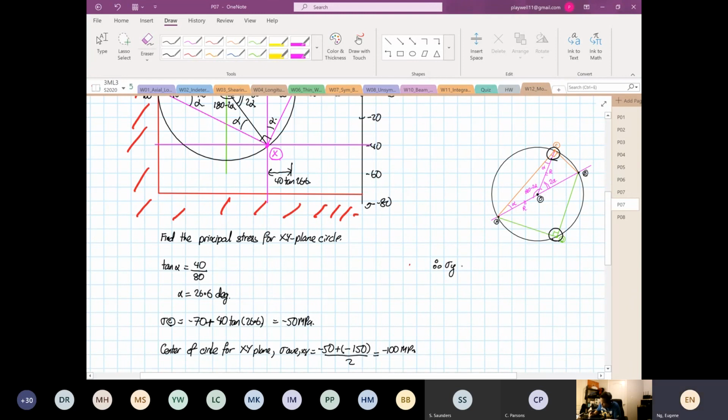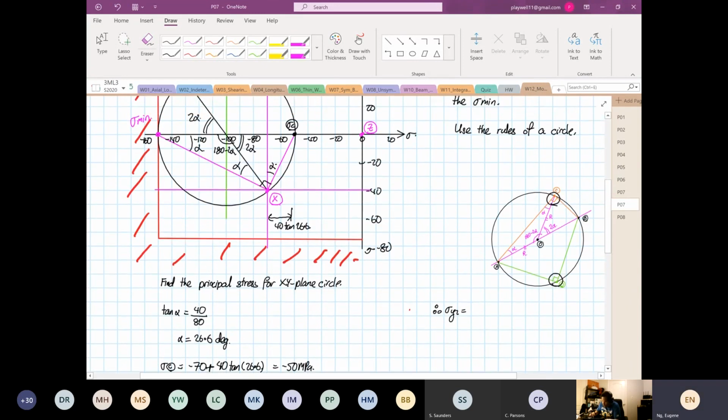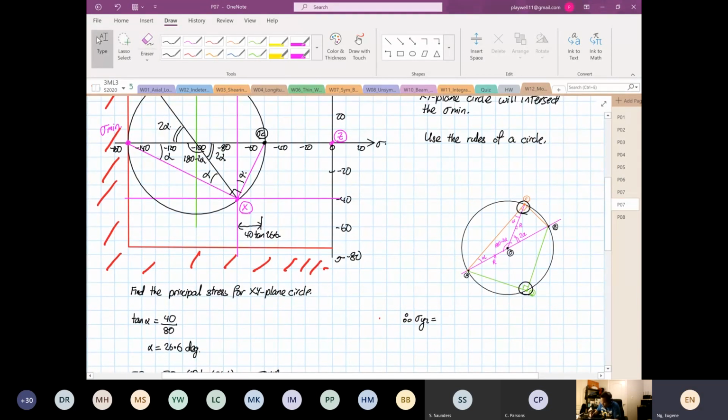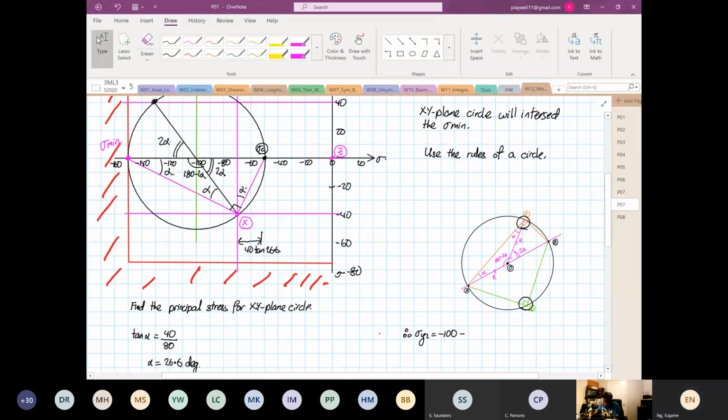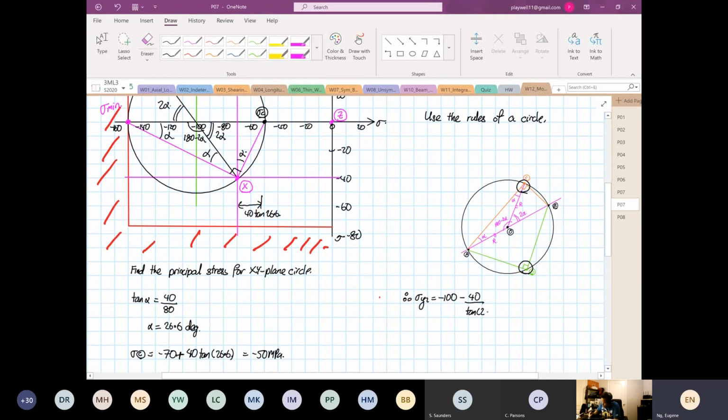stress Y2 will be equal to minus 100, right? Minus 100. Then you will have minus 40 over tangent of twice 2 alpha. So alpha is equal to 26.6 degrees.